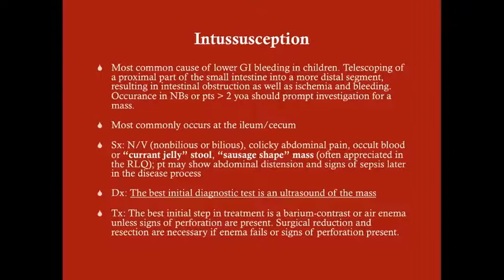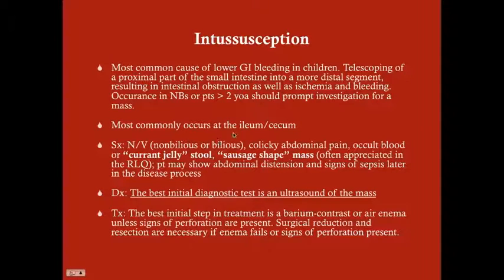So anytime when it does occur in a newborn or in a child over the age of 2 or an adult, it should prompt investigation for a mass, because a mass increases your risk of intussusception. So a tumor or even Meckel's diverticulum, that can increase your risk of intussusception. So you should definitely be looking for that if it's an older patient.